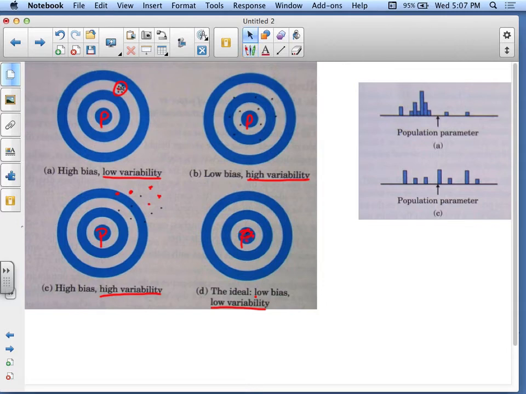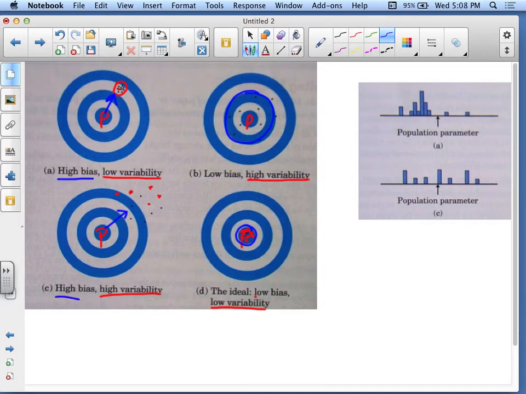Now, as far as bias is concerned, notice how far away this is from the parameter. Notice how centrally located this is around the parameter. Again, it's further away from the parameter, and again, it's centrally located about the parameter. Therefore, high bias, low bias because it's around the parameter, and again, low bias.